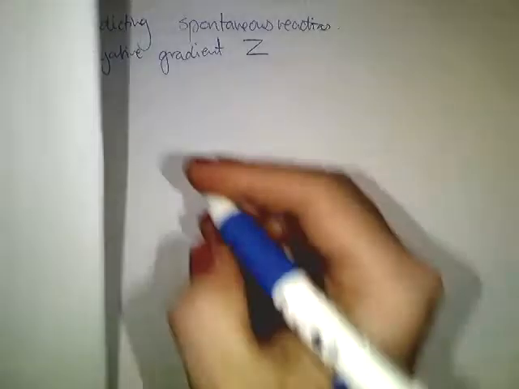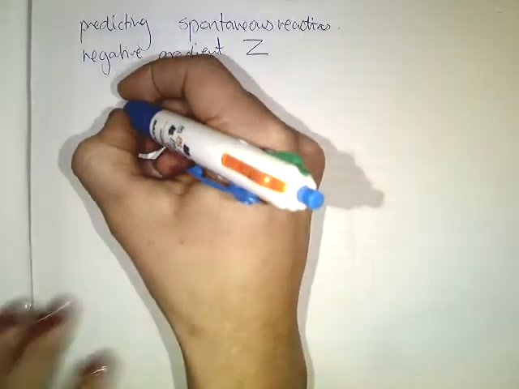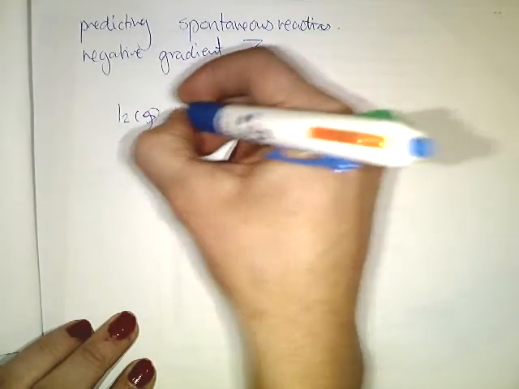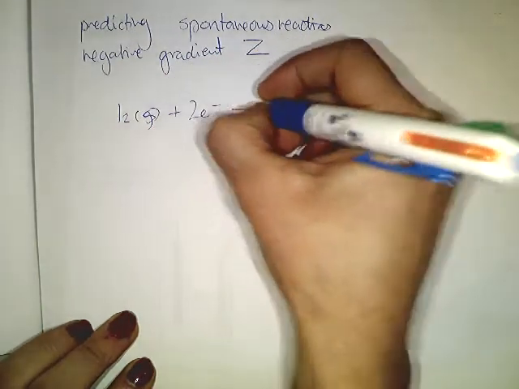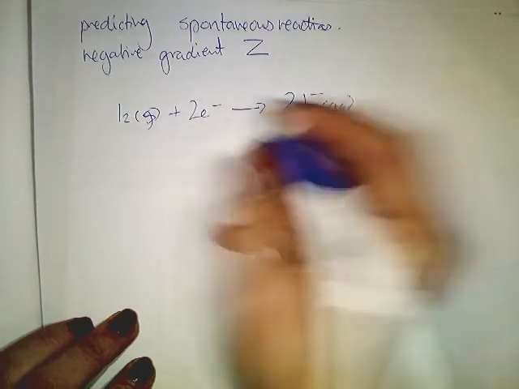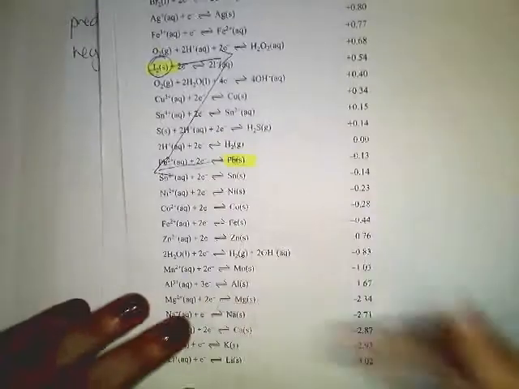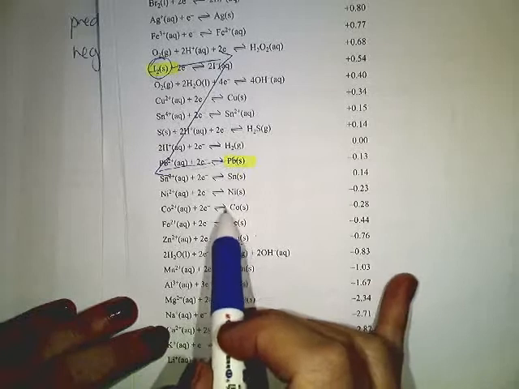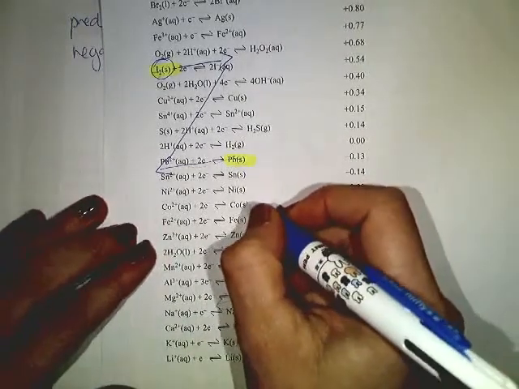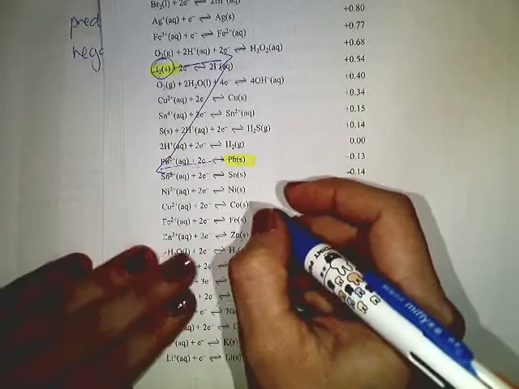So we've got iodine, solid, plus 2 electrons produces 2I negative. Notice that we've got these alternate arrows, but that only means it can go either way depending on what it's reacting with.